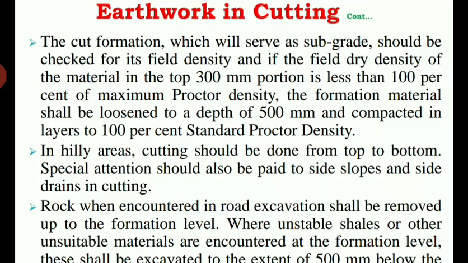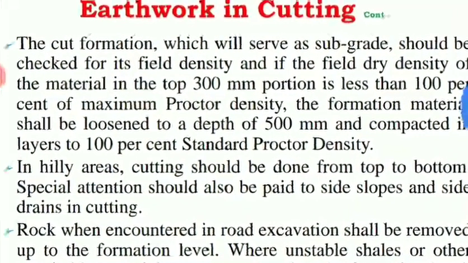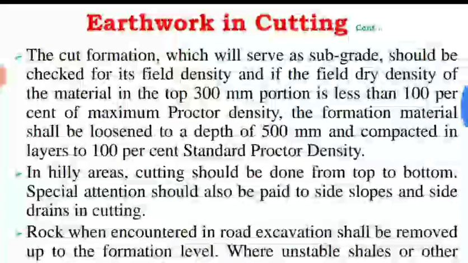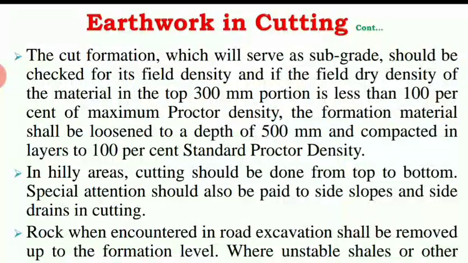And if the field dry density of the material in the top 300 mm portion is less than 100% of the maximum proctor density, here they have given the condition: the top 300 mm layer of the earthwork should satisfy 100% of the maximum proctor density, not even 99. So it should achieve 100% of the maximum proctor density at the formation level.